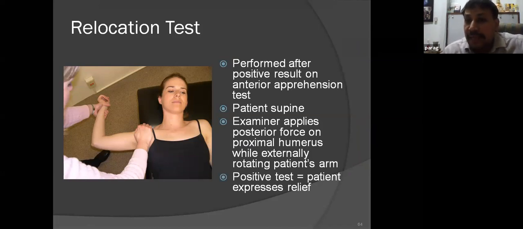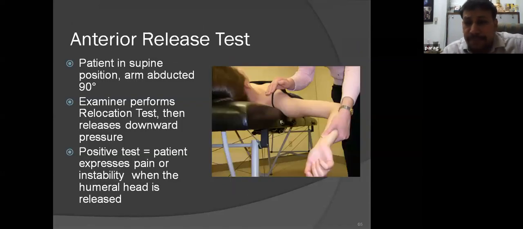The patient has relief of that apprehension, which is also called a positive relocation test. So these are all tests for anterior instability. You can further provoke it by suddenly releasing the hand, and the patient will again complain of apprehension or will jump up. This is the same spectrum of looking at the instability of the patient in one particular direction, which is mainly anterior.